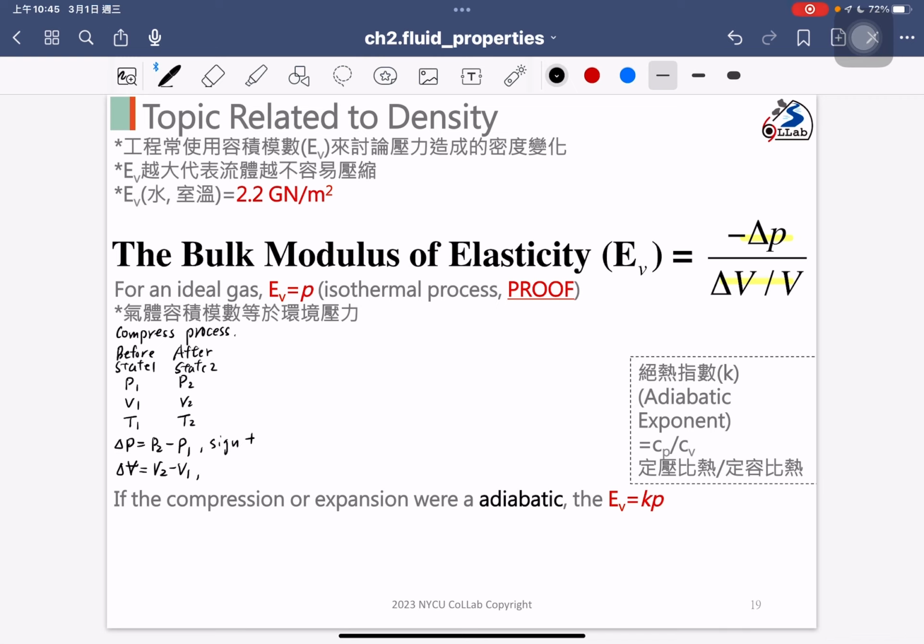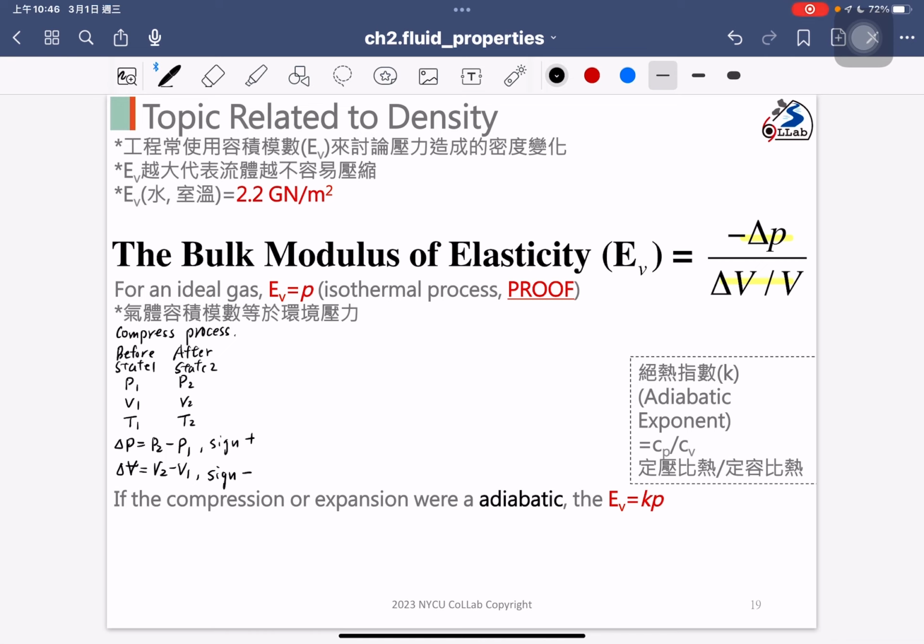I assume the material can be compressed, so volume 2 is less than volume 1, and the sign here should be negative.